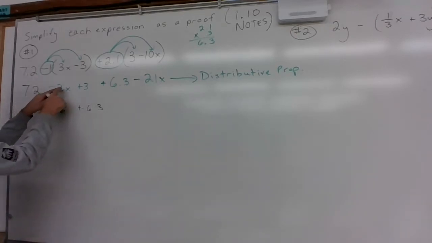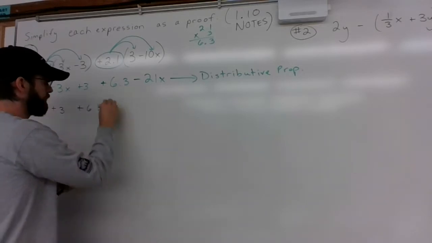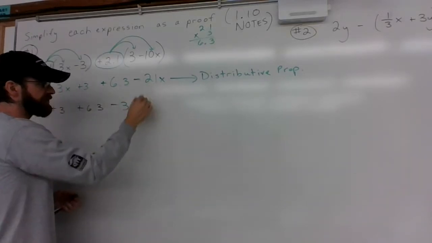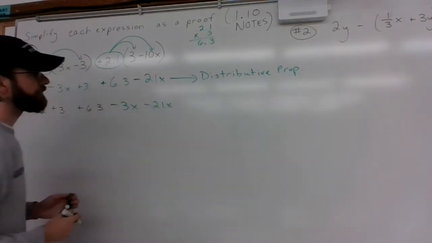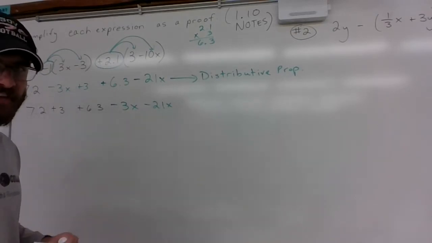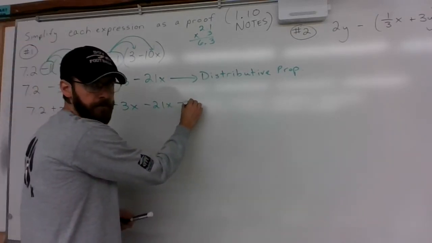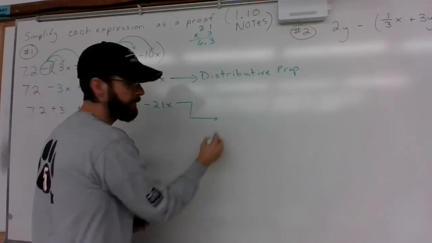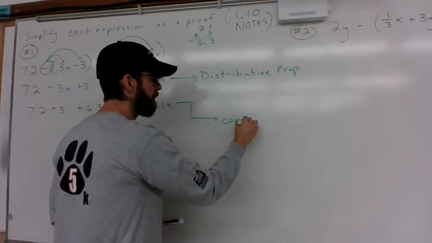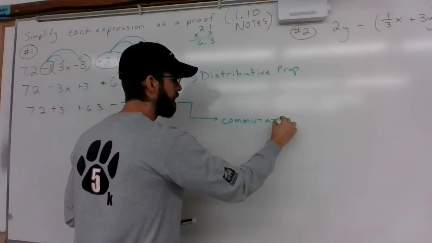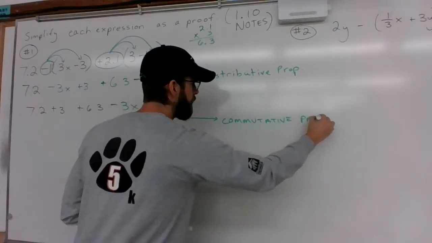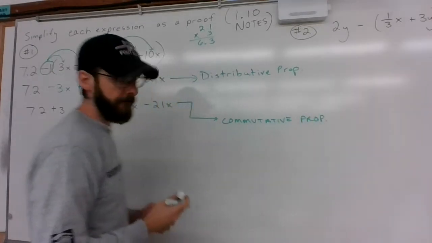That leaves the negative 3x over here now, and it's subtracting 21x. Yeah, we can just say that this is the commutative property. Okay.